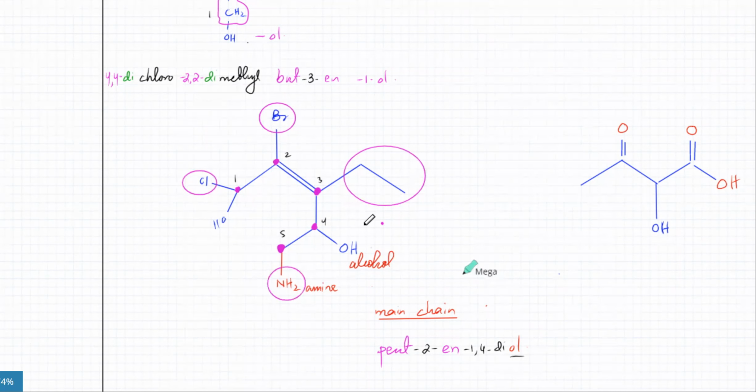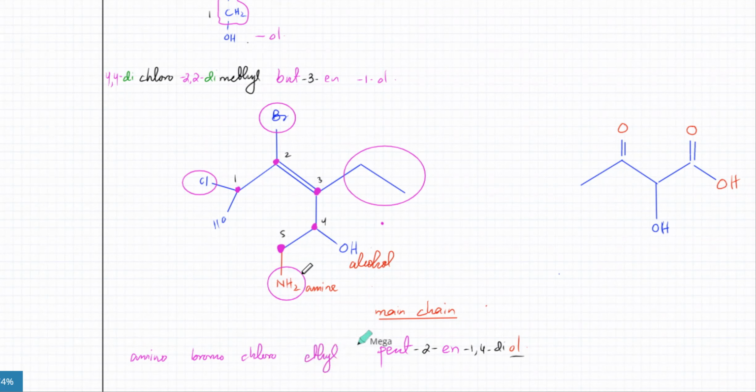All of these are connected to the main chain, and they have to be named alphabetically. Amine becomes amino, so that would be written first. So you have an amino group, and the next one is bromine, a bromo group, and a chloro. And then there are two carbon atoms, so that's ethyl.